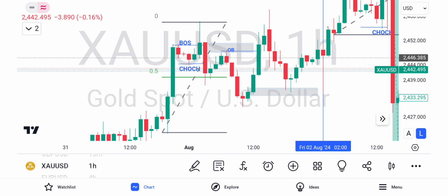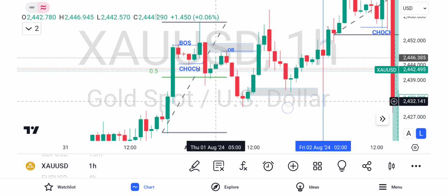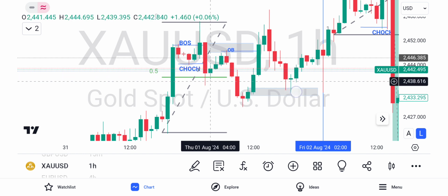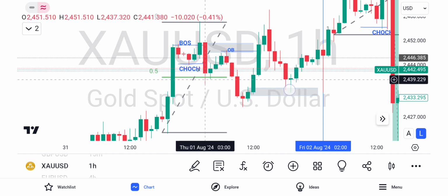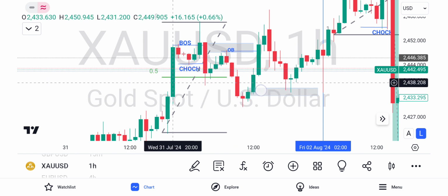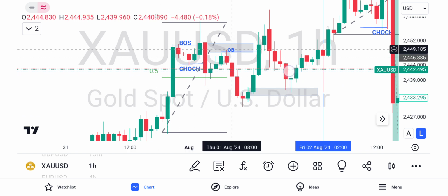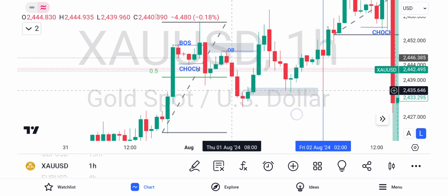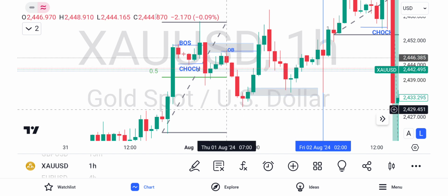Remember, I told you that if this change of character is not influenced by an order block here, therefore we go over here to take the order block that is here and then return back. Now look at this.